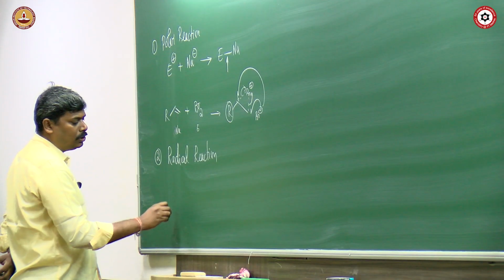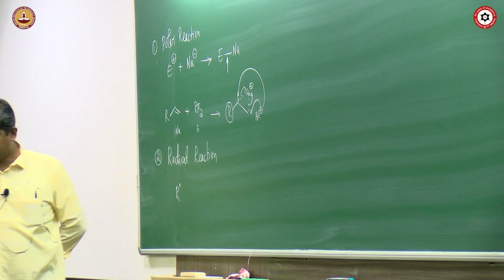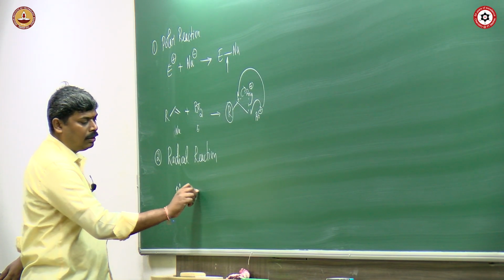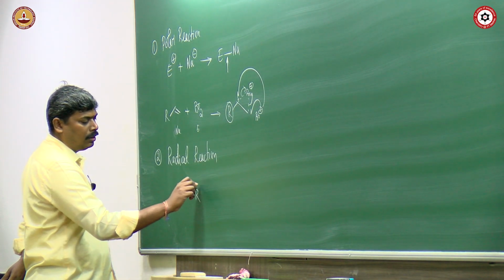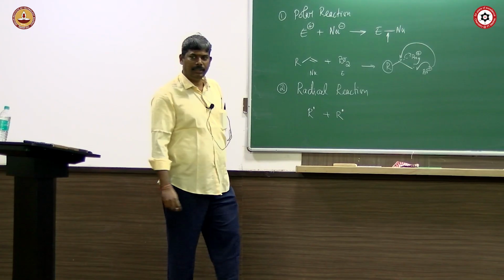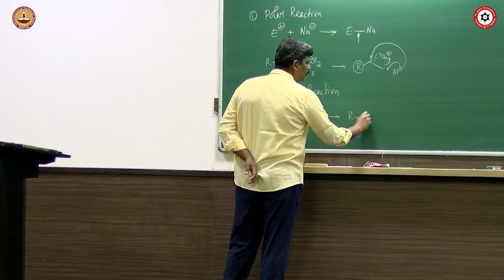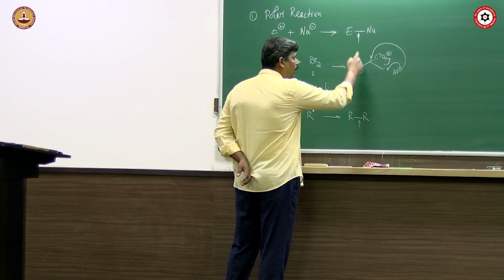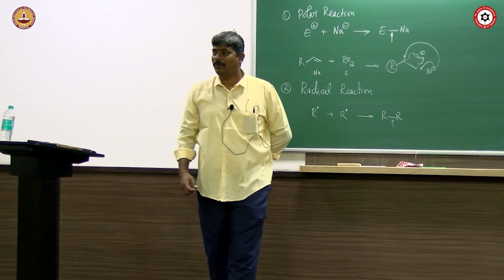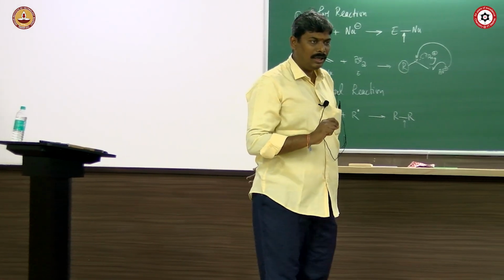In a radical reaction, you have two species obviously reacting, and both carry an electron, which can eventually result in a new bond formation. And in this bond formation, unlike here, the electron in the sigma bond came from both the partners. So those are radical reactions.